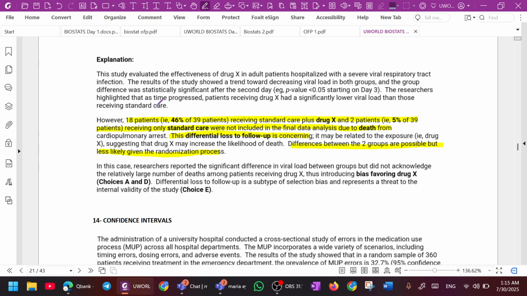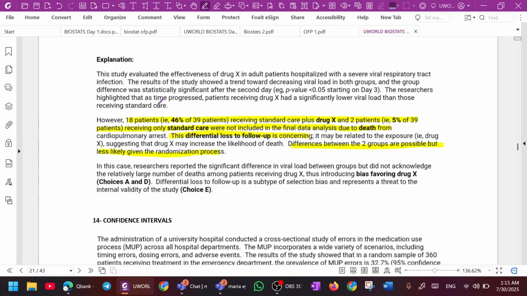However, 18 patients, 46% of 39 patients receiving standard care plus drug X, and 2 patients, 5% of the 39 patients receiving only standard care, were not included in the final data analysis due to death from cardiopulmonary arrest.